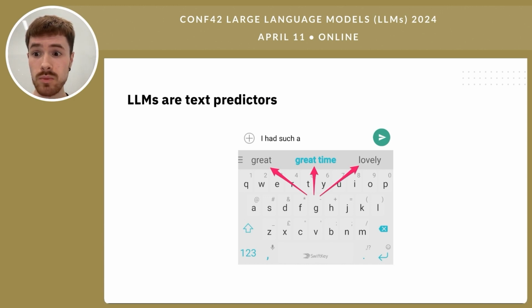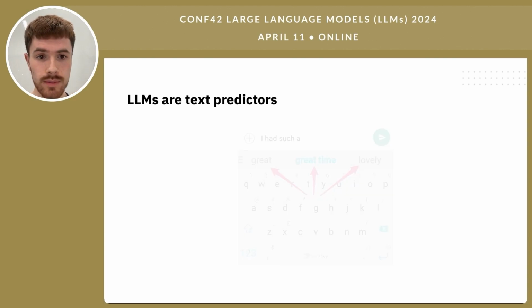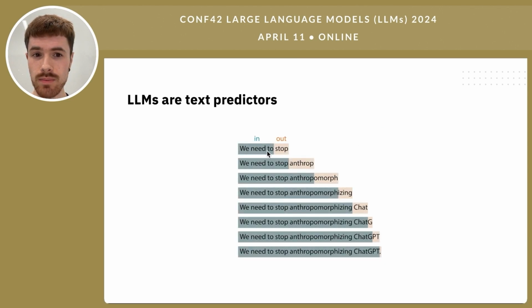It's literally that. An LLM just completes the text all the time. Something like this, you see, it's writing the next word or the next part of the word all the time. That's an LLM. That's what we need to know here.